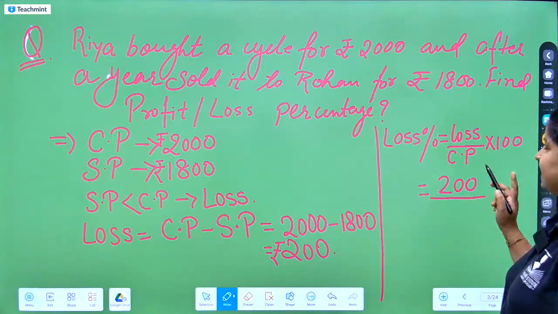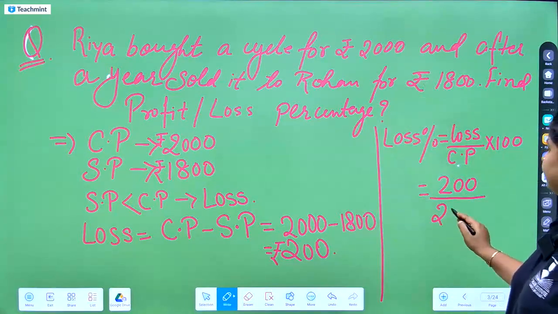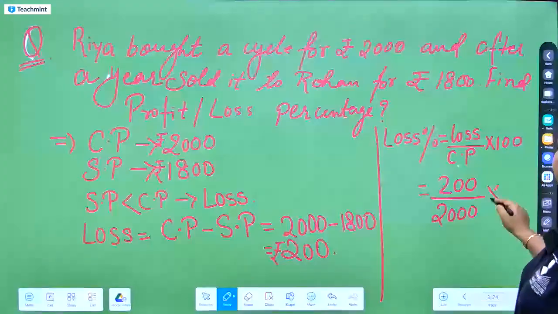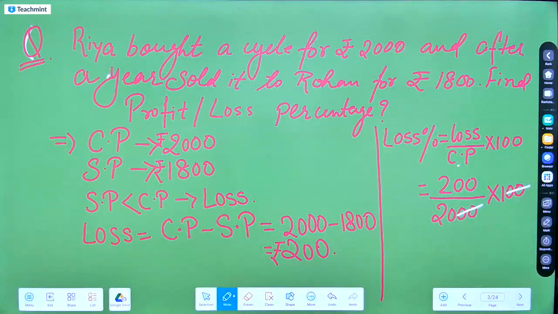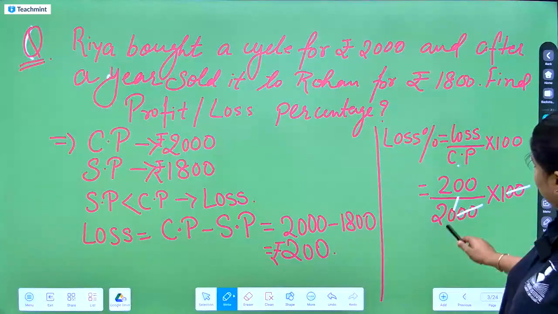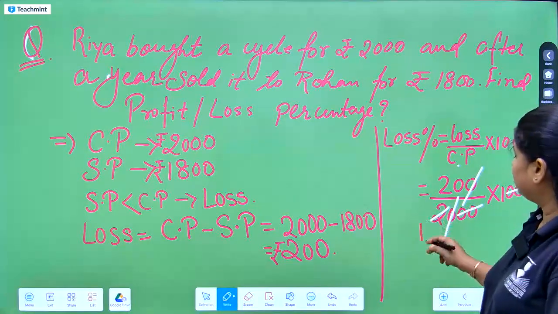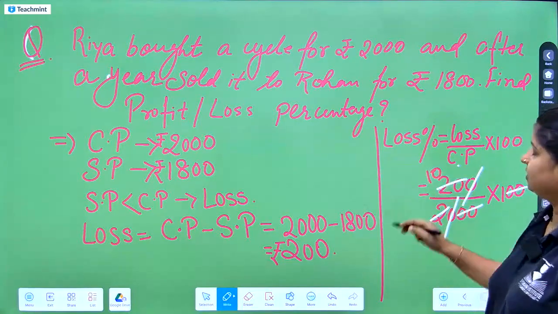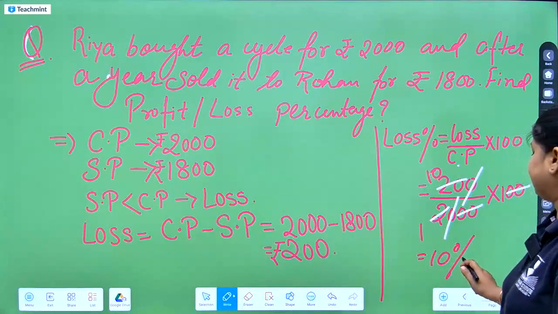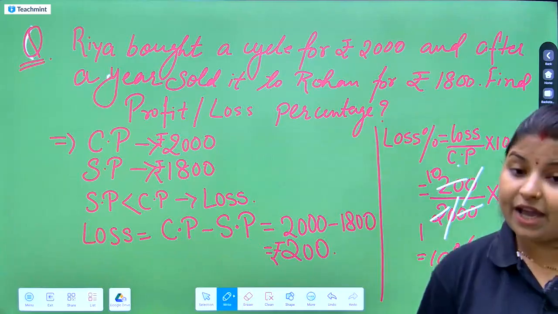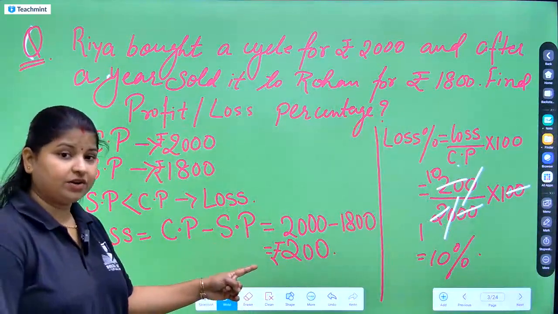Just put the values in the formula. Cost price is 2000 and into 100. 2 zeros, 2 zeros cancelled out. 1 0, 1 0 cancelled out. 2 1 is 2 and 2 into 10 is 20. Your answer is 10%. If you were asked loss, then rupees 200.